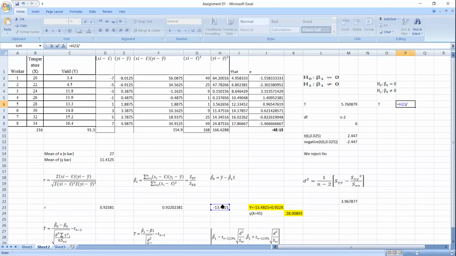That we have to divide by the square root of sigma squared hat into the summation of the xi squared terms divided by n Sxx.